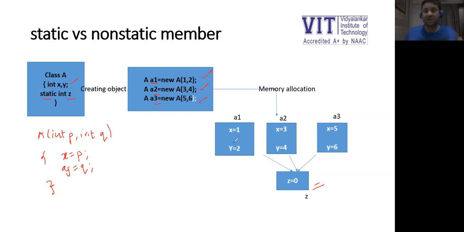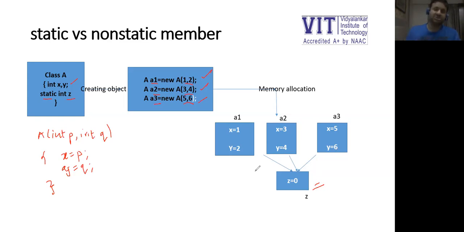But Z will not occupy memory in each of the objects. The memory is assigned outside the object, but it will be shared by all the objects. At the time of creating the object, we only pass values for non-static data members. So for A1 it is 1, 2; for A2, X and Y are 3, 4; for A3, X and Y are 5 and 6.